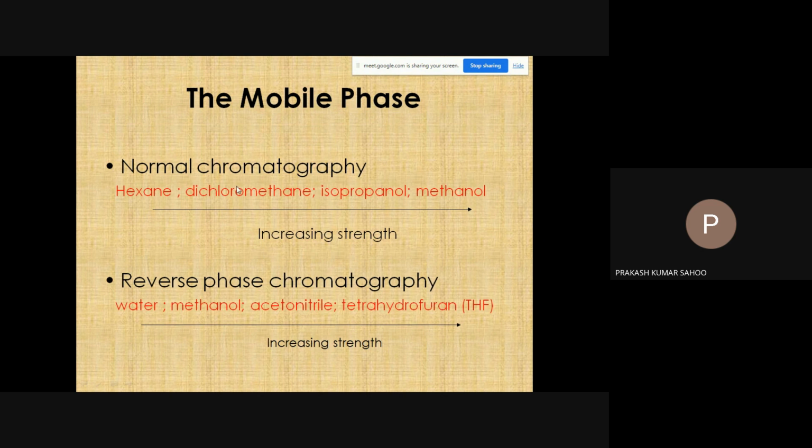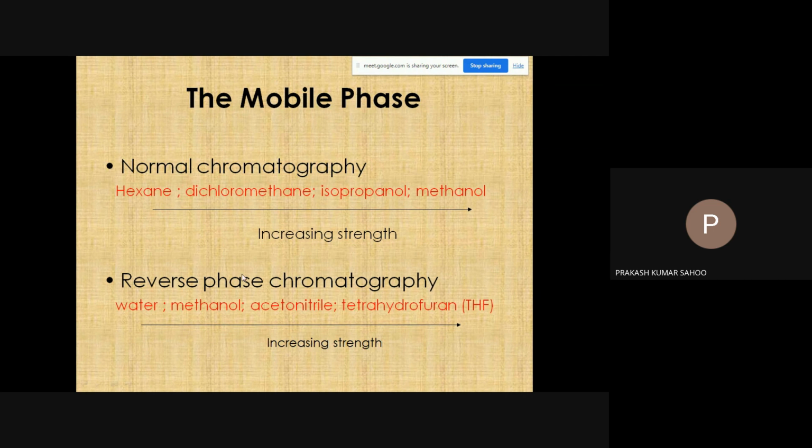In the mobile phase, in normal chromatography, we have hexane, dichloromethane, isopropanol, methanol. This is in increasing order of strength from non-polar to polar, because methanol is more polar than hexane. So in the right hand direction, the polarity increases, so the strength also increases.